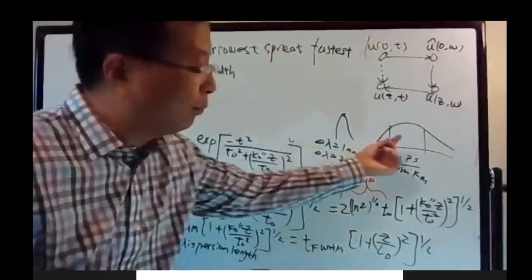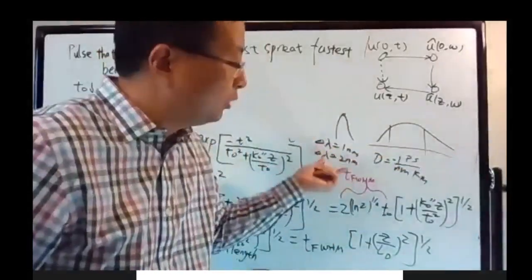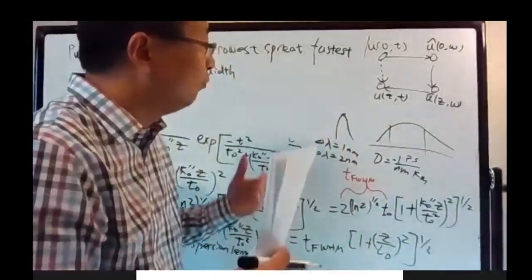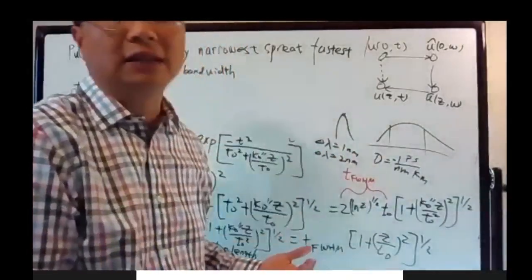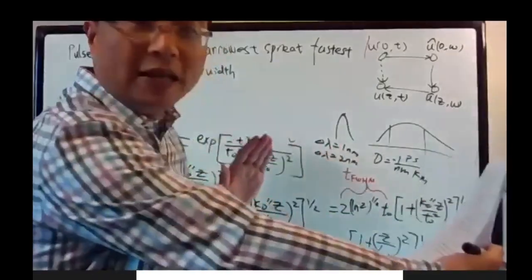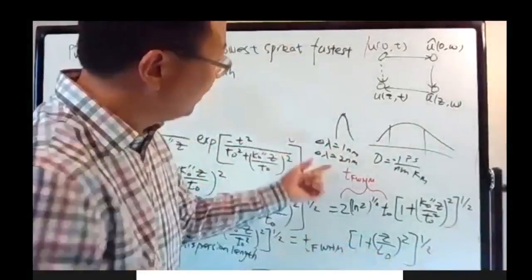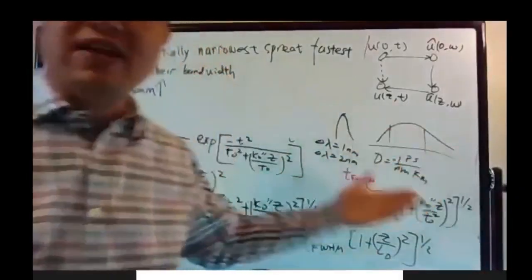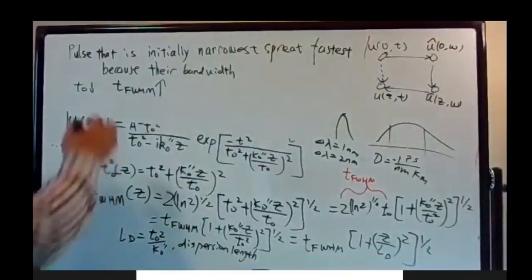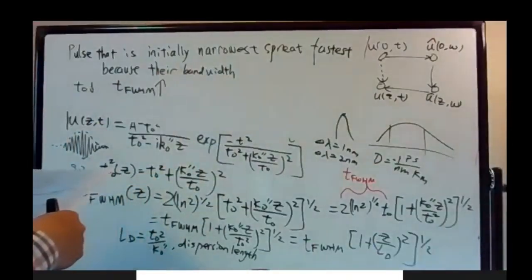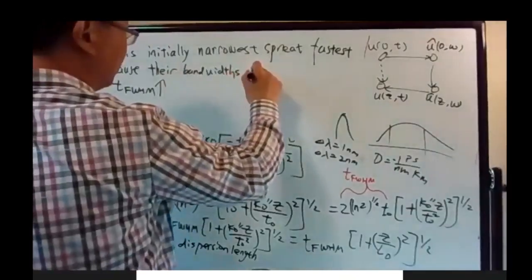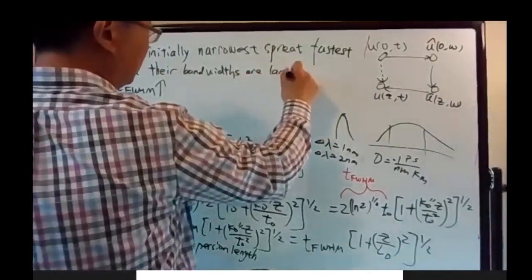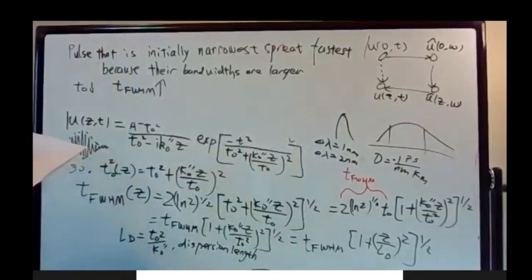So if I have a broader spectrum, my dispersion has a more severe impact, because the broad bandwidth is wider. Altogether the whole thing has a more severe effect, because their bandwidths are larger and they suffer more dispersion.